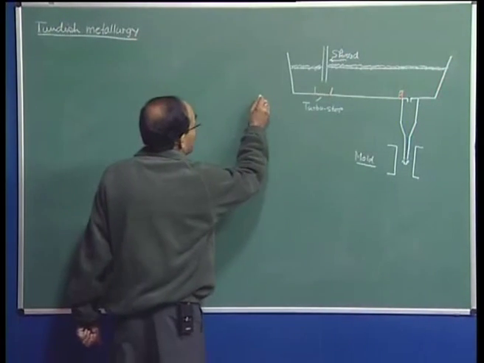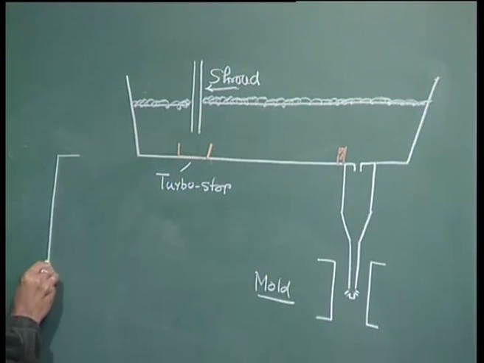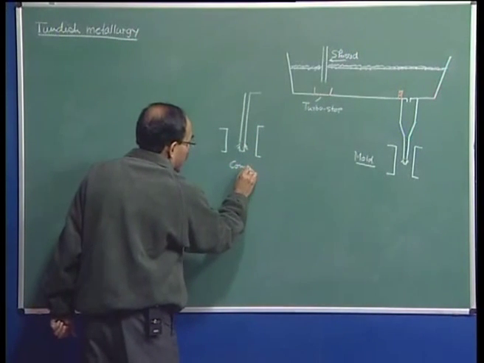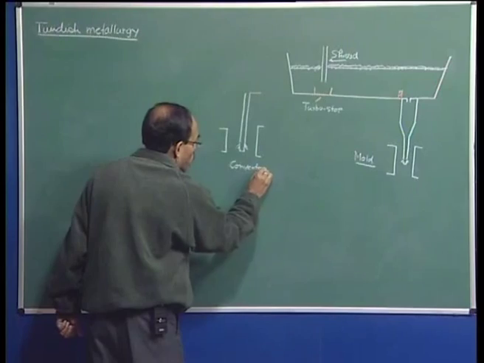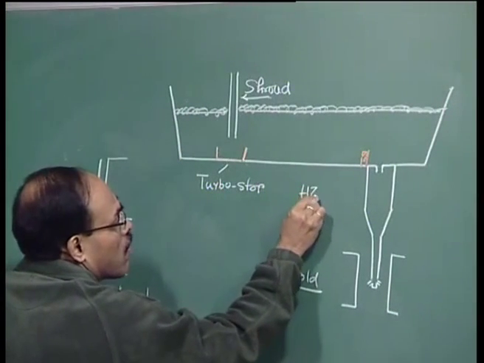Typically, what is the design of the SEN? Between this and this, we have the SEN. This is the conventional design of the SEN, and this is the Hollowjet nozzle.